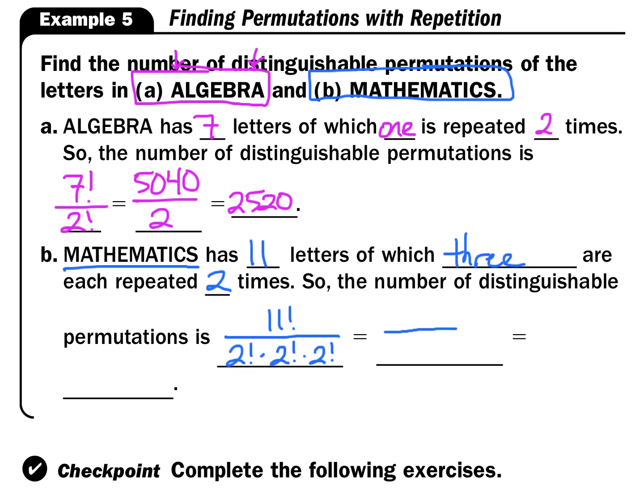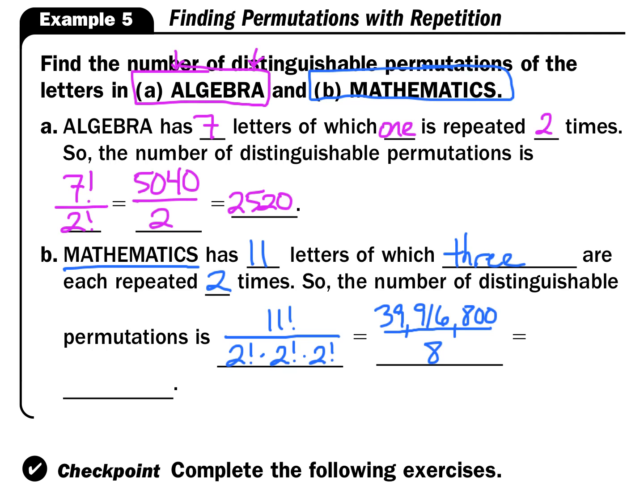Well, each of those 2 factorials, 2 times 2 times 2, is just going to give us 8. Okay, so 2 times 1 is 2, times 2 times 1 is 4, times 2 times 1 is 8. And then 11 factorial is a very large number, 39,916,800.